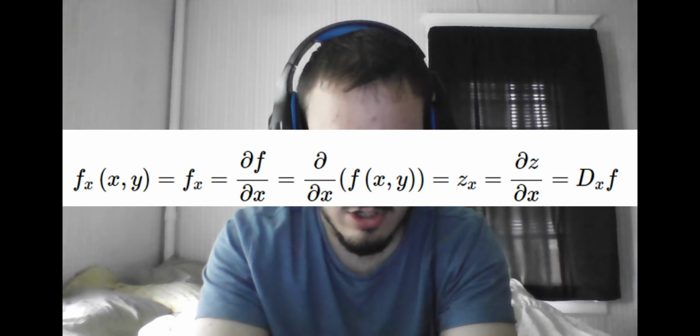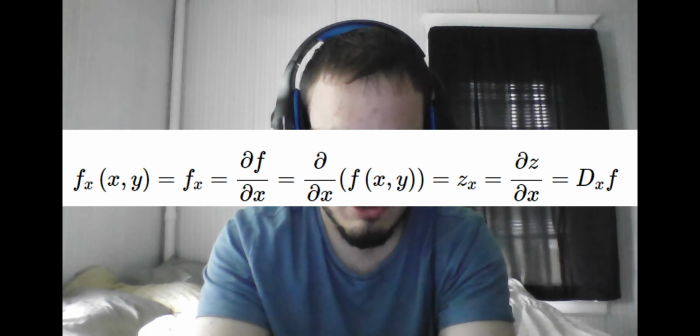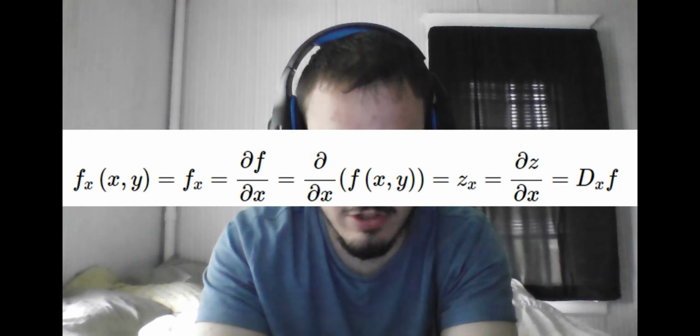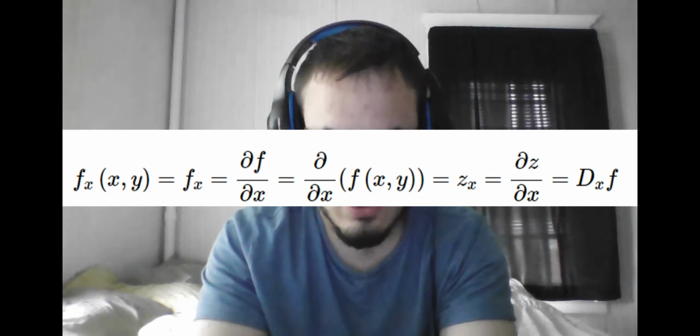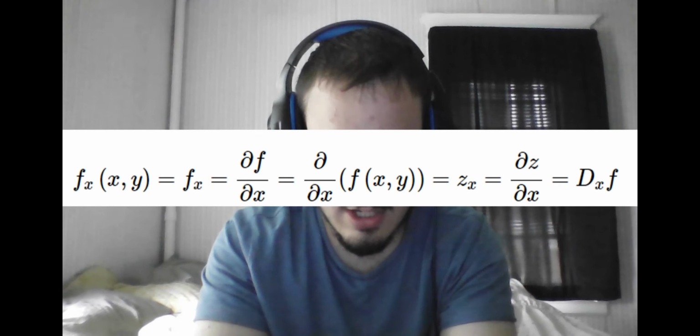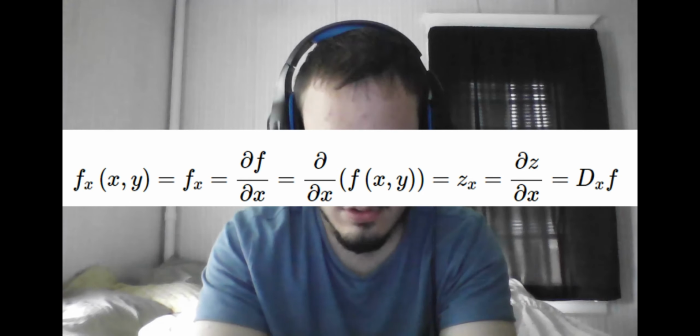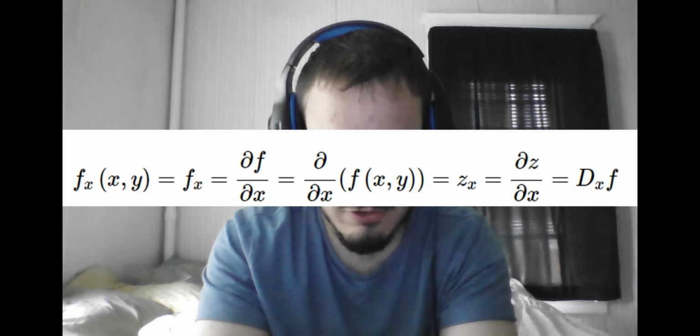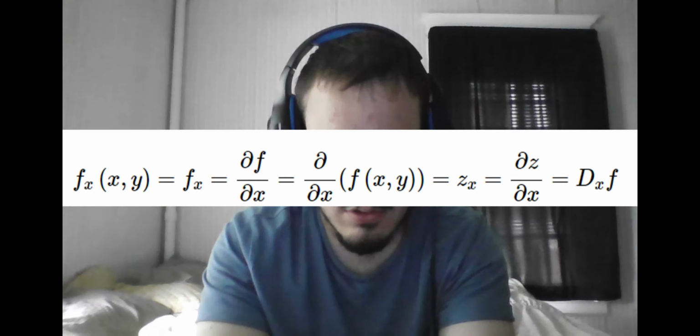This symbol helps you distinguish it as a partial derivative. You can use z's instead of f's because z is the output, or you can finally use capital D instead of f, which is not something we are familiar with from 1D derivatives, but you may see it sometimes.